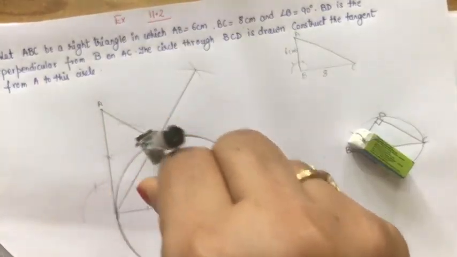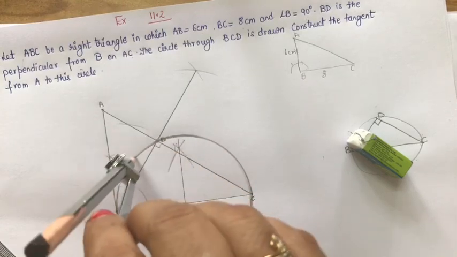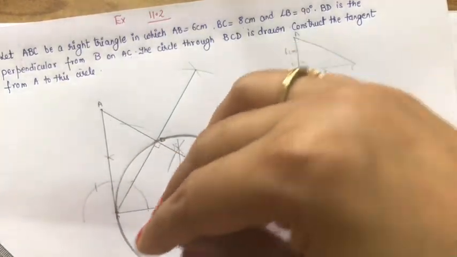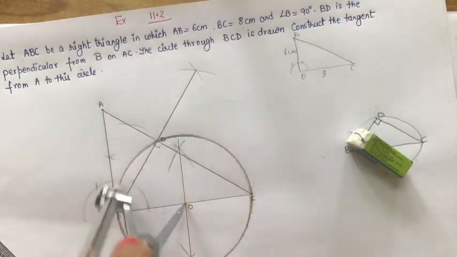I have darkened this circle so that it comes out separately from the figure, because on this circle only I need to draw the tangents. So you can see it is passing through the points B, C and D.